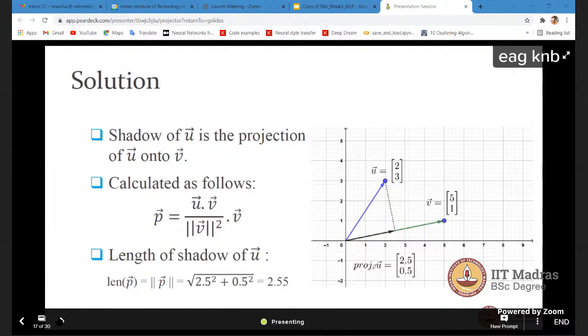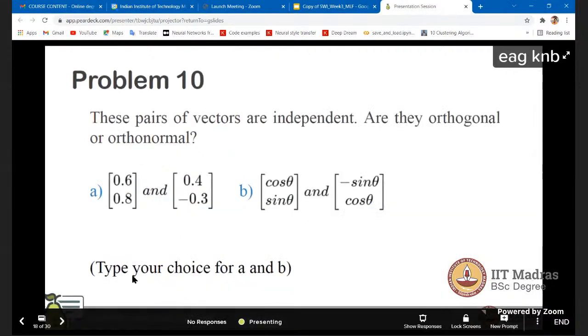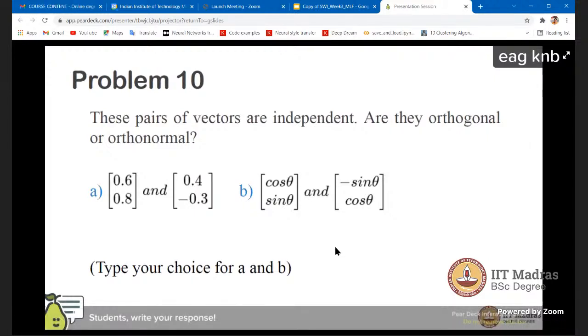Okay, let's move on to the next question. These pairs of vectors are independent. I have given you already, they are independent vectors. So your question is, are they orthogonal or orthonormal?